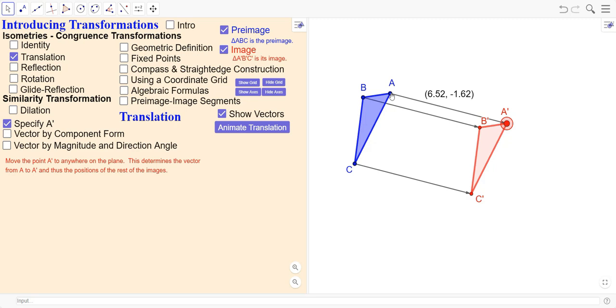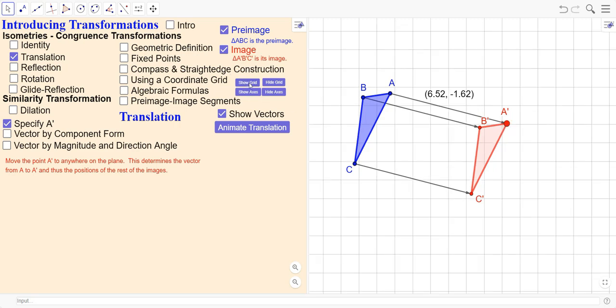In other words, all the infinitely many points here take pre-image to image by that. They go to the right 6.52 and down 1.62. Of course, this is all relative to some coordinate grid and axes, if we want to identify what we mean by horizontal and vertical.